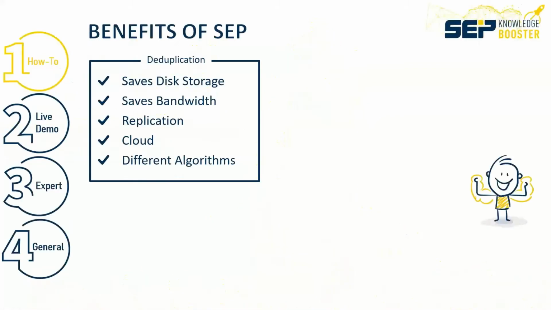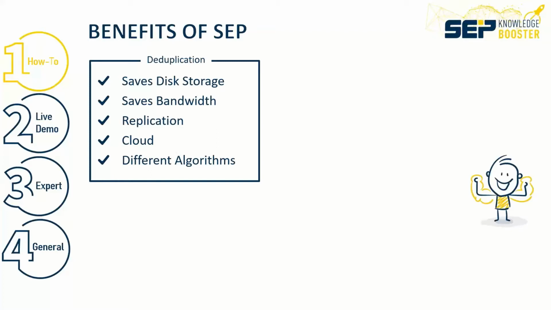So, first of all, what are the benefits of using deduplication, especially with our backup software? First of all, it saves a lot of disk storage. So this saves a lot of money for you. If you use deduplication, it reduces the amount of data you put on disk storage.